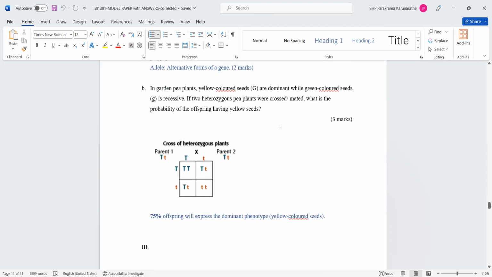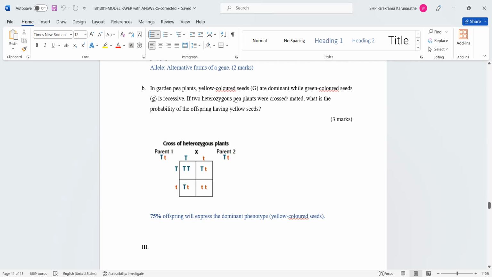And the next one is a genetic question. In garden pea plants, yellow colored seeds are dominant while green colored seeds are recessive. Capital G, yellow color; small g, recessive, green color.